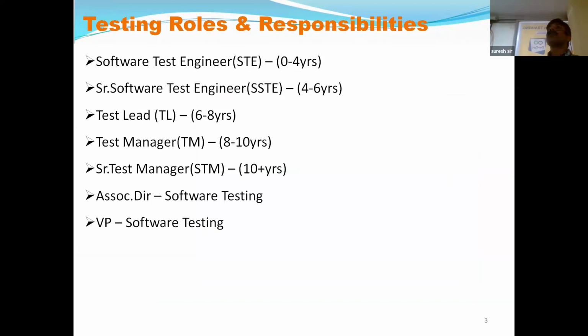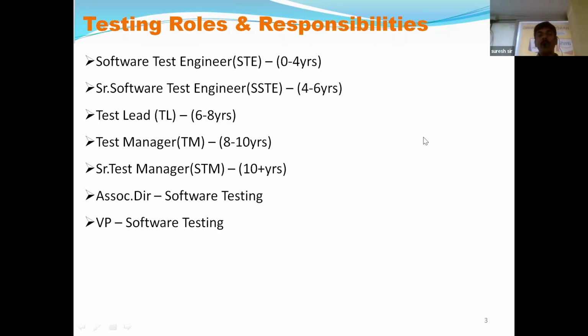As part of that, we need to understand how the testing career works: how we start a career as a tester and what levels of activities need to be done. We will take each and every level.